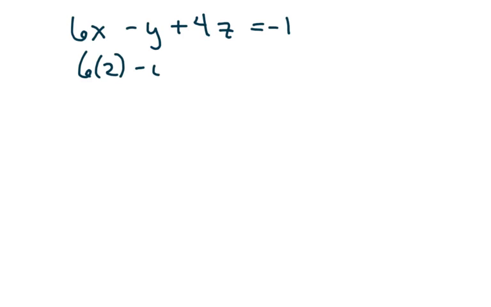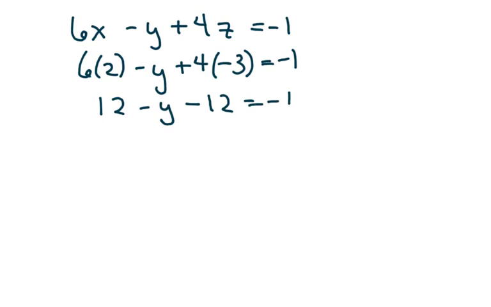So I'm going to use 6x minus y plus 4z equals negative 1, and I'm going to plug in my x, which was 2, don't know my y, my z was negative 3, equals negative 1, so we're going to get 12 minus y minus 12 equals negative 1, so basically negative y equals negative 1, so y equals 1.